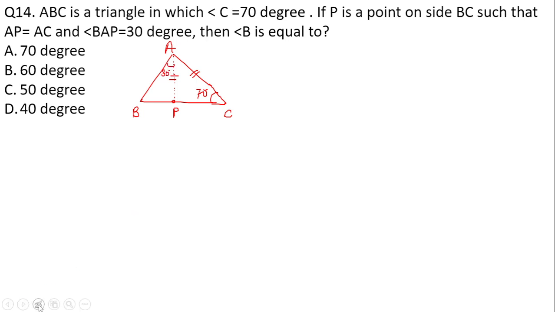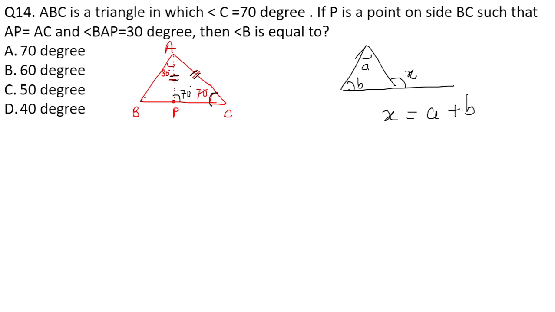Now we know that whenever the sides are equal, that is AP is equal to PC, if this angle is 70 degree, this is also going to be 70 degree. The second point that you have to understand over here is, if this is a triangle, and this is the outer angle, for example X, and this is angle A and angle B, the outer angle X is equal to A plus B. So here I'll be using the same thing.